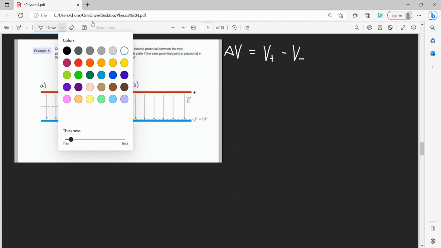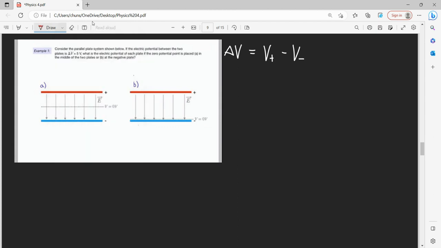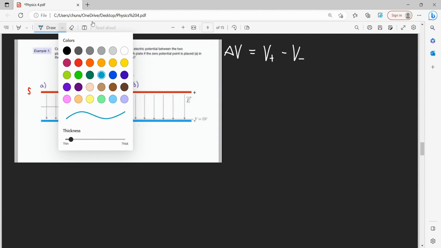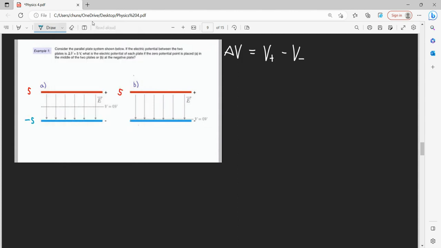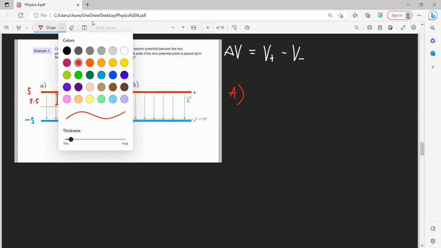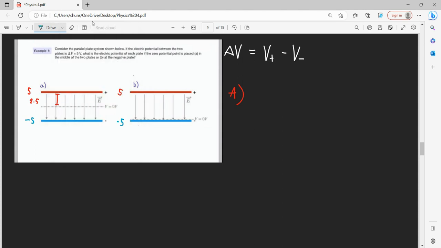So if we look at this example here, each plate has 5 volts. Where this is positive 5 volts, and our bottom is negative. So if we were to look at our first one, for A, at this point of measurement, this gives a difference of positive 2.5, because we're measuring halfway, and negative 2.5.